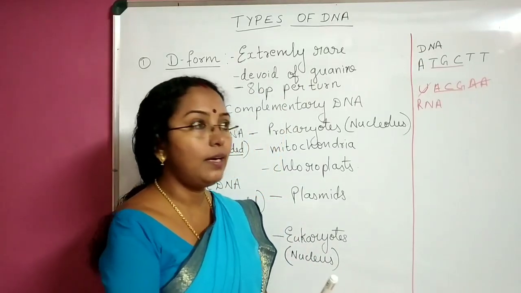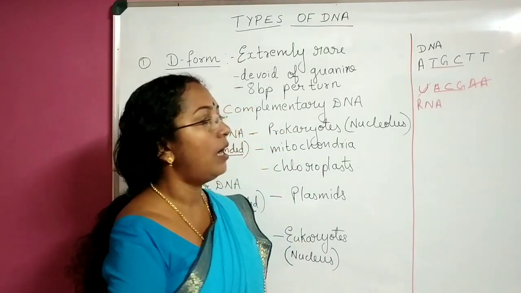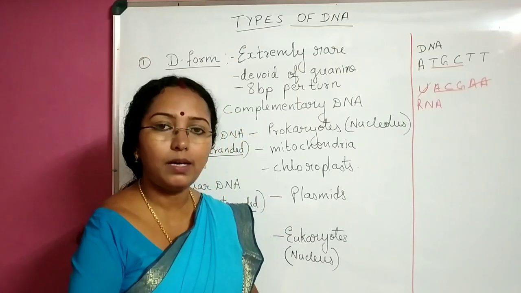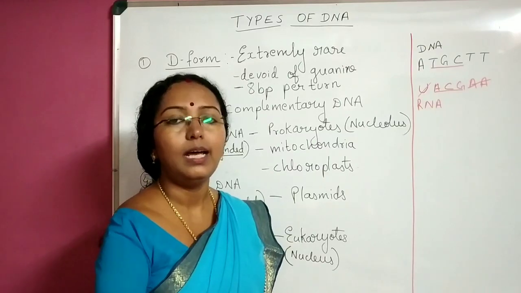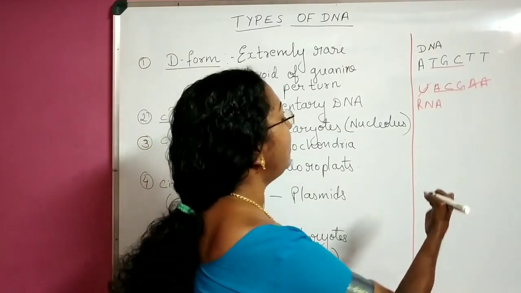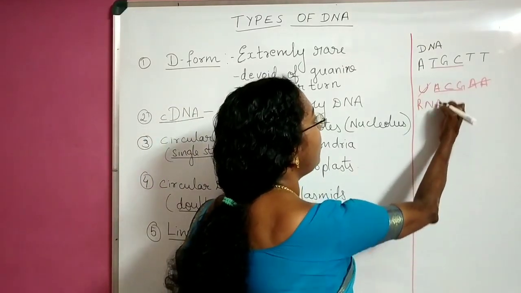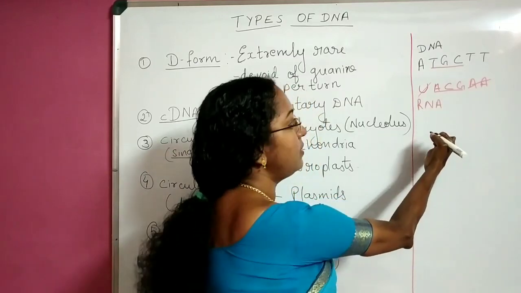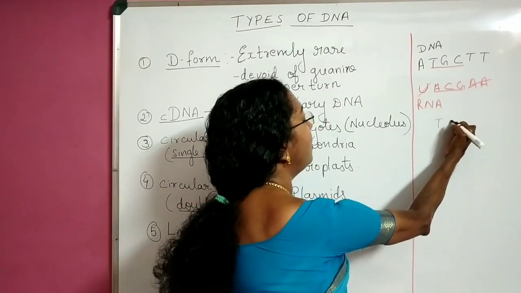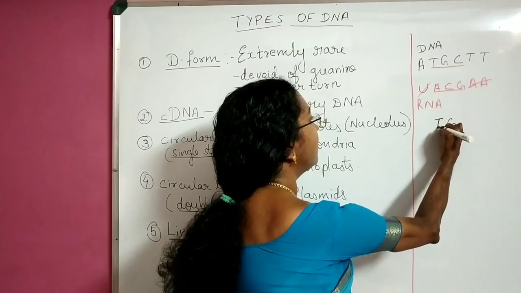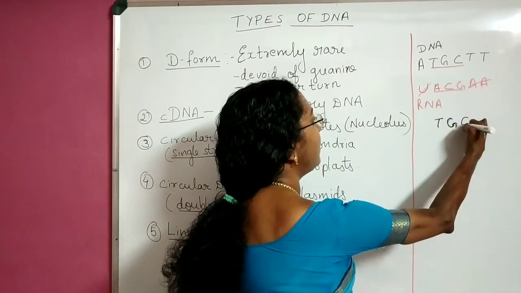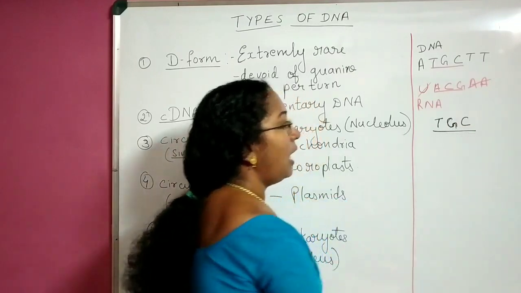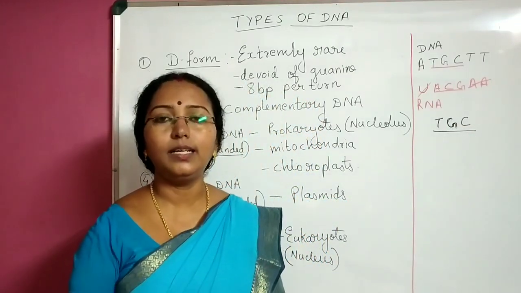Now again, after removing the non-functional parts from that RNA which is produced, from there another DNA is getting formed. So that will be complementary to this RNA, isn't it? So it will be thymine, guanine, and guanine is going to pair with cytosine.